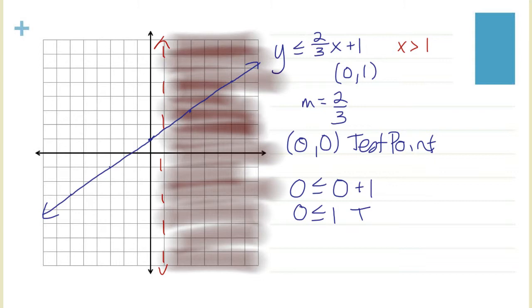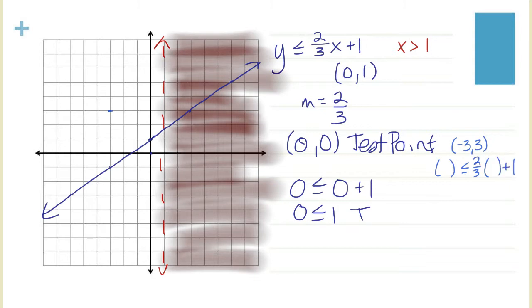But again, my first test point was here. I'm going to try one up here just in case. I'm going to do -3, 3. Okay, my second test point is -3, 3. So I'm going to use y is less than or equal to 2/3 times x plus 1.